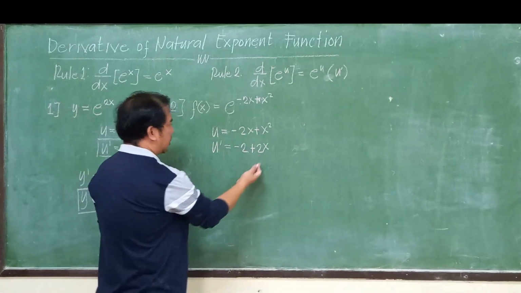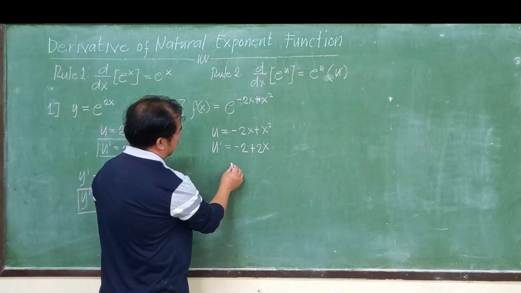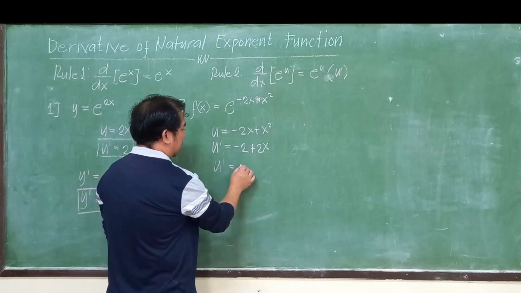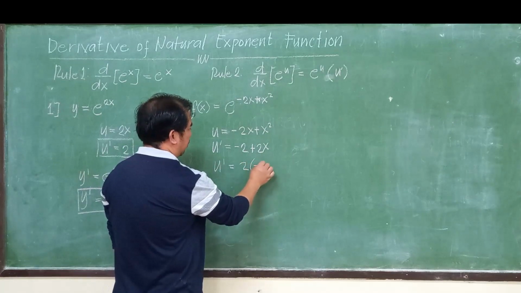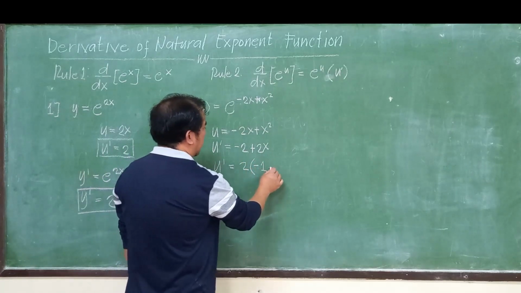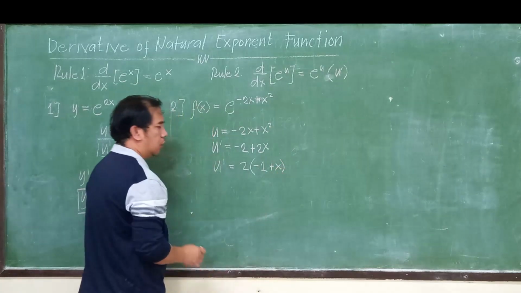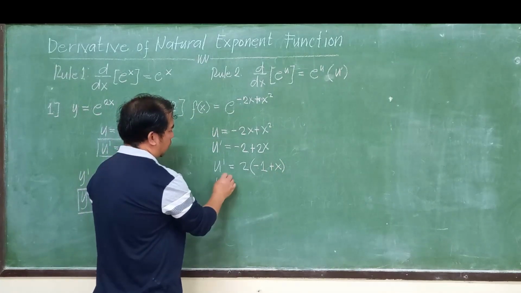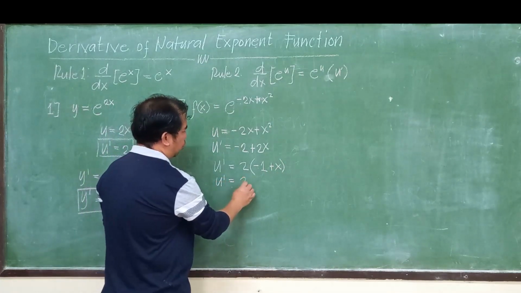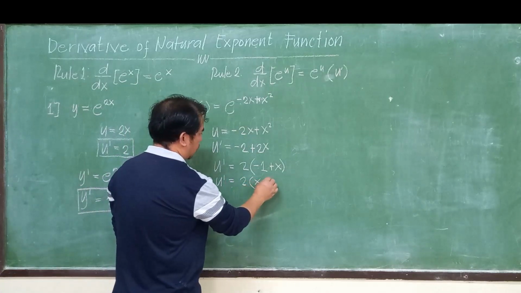Or we might as well factor out 2 in here. So we have that is the same as positive 2 multiplied by negative 1 plus x. Or that can be written as 2 multiplied by x minus 1.